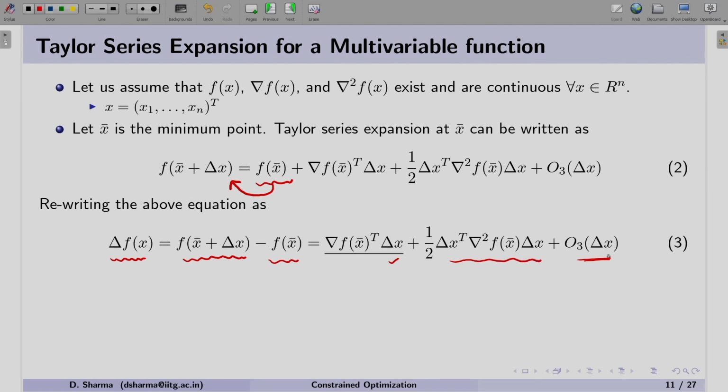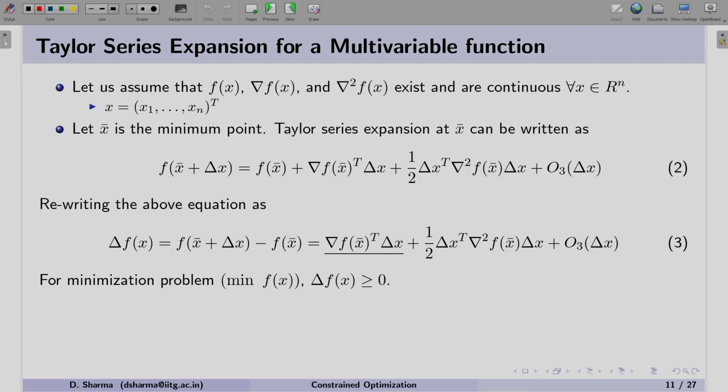Since we are using a minimization problem here, we know that delta f of x should be greater than 0. Why? Because x bar is the minimum point. So whether the delta x value is positive or negative, the function value at x bar plus delta x will be greater than the function value at x bar.